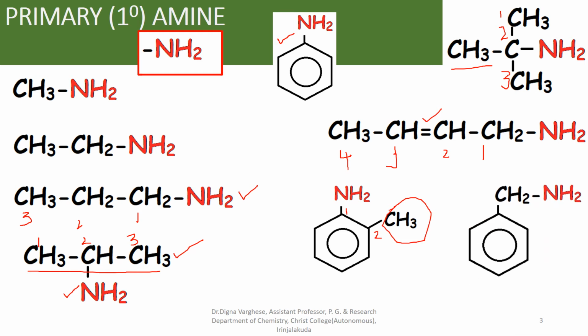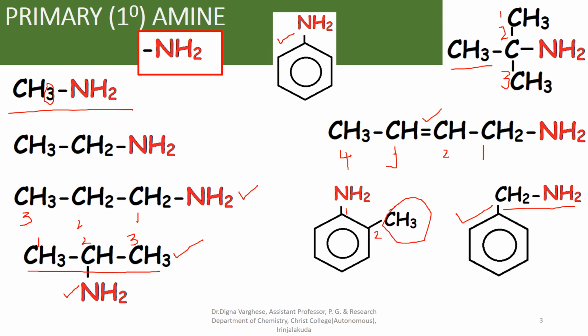Another compound is the benzene ring attached to CH2NH2, that is benzylamine, or we can say 1-phenylmethanamine. Methanamine is CH3NH2. Here one hydrogen is replaced by the phenyl group, so it is known as 1-phenylmethanamine.